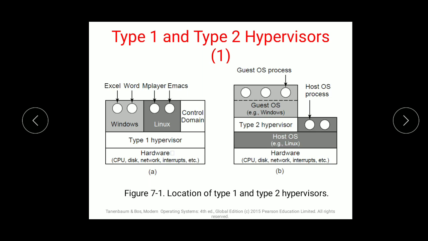Type 2 hypervisor still makes us believe it is a complete computer with a CPU and various devices. Now you have a single hardware here for type 2, but you have a host OS, that is my actual system OS, which is Linux. Now there is a type 2 hypervisor which is giving me a guest OS as Windows, and host processes running at the same time.